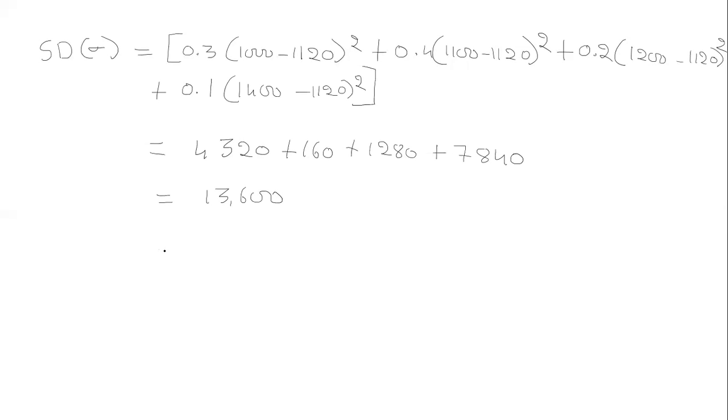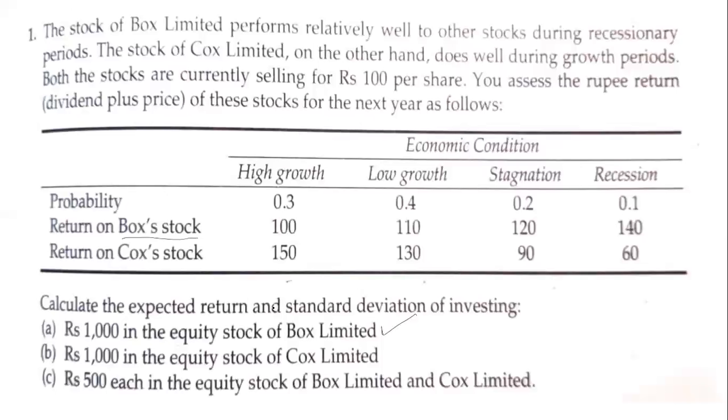By taking the root of 13,600, we get the value of about rupees 116.62. So the standard deviation of return is 116.62. Okay. Now let's go for question B.